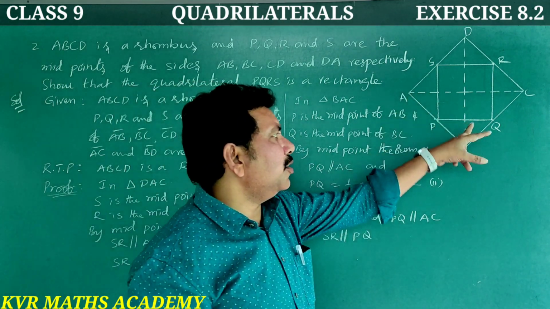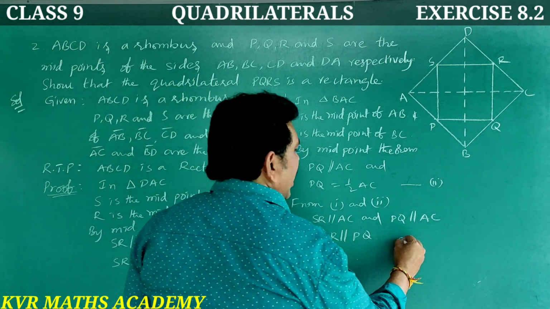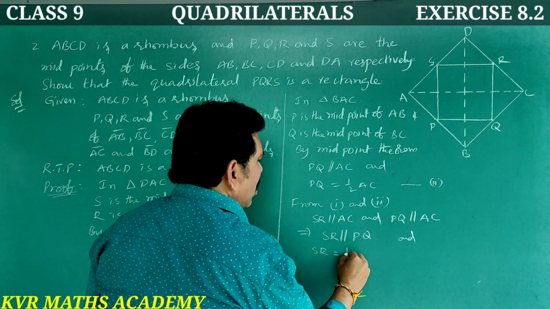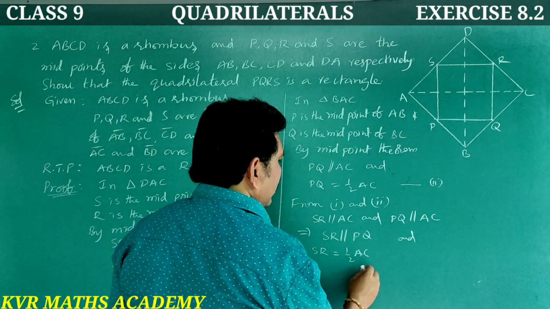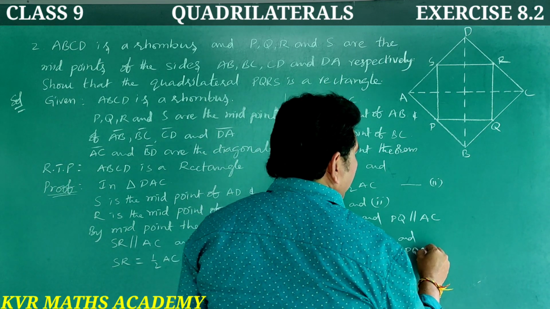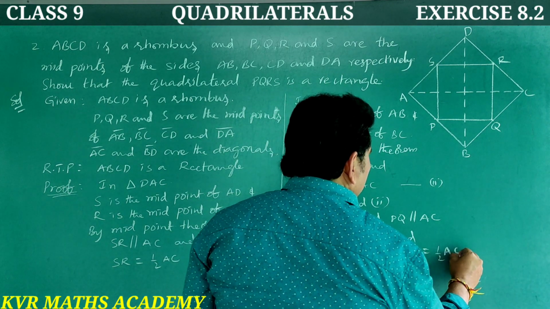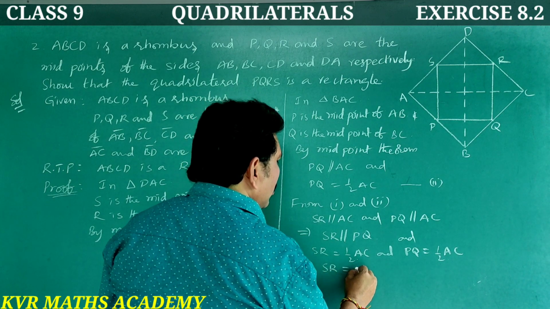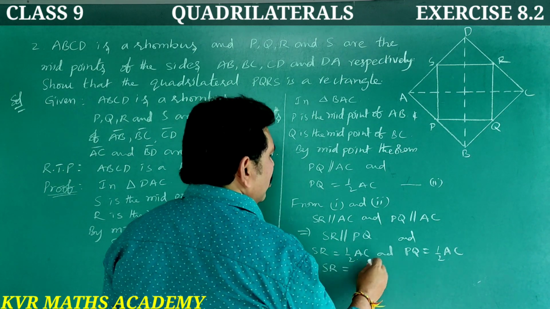SR is parallel to PQ and SR is equal to half AC and PQ is equal to half AC. That implies SR is equal to PQ.